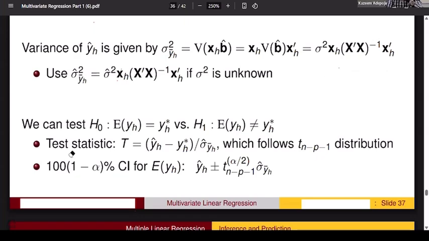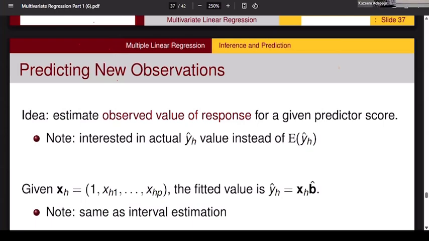Now I want to move on to the individual. I just finished the average, and I'm going to have a recap. Prediction comes in two forms: one for average, one for individual. The one I just completed is the one for average.